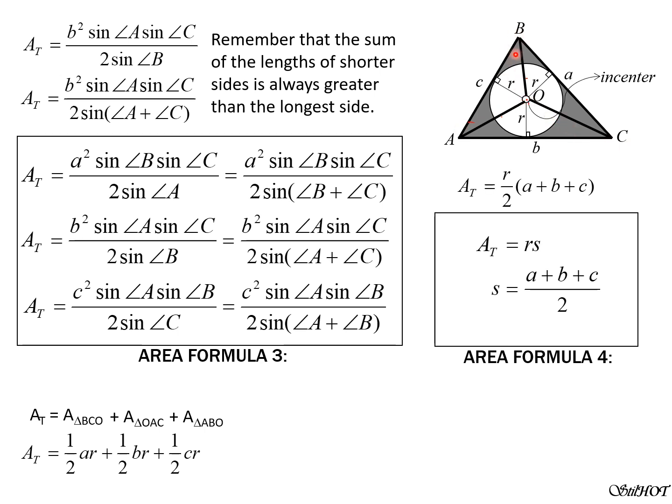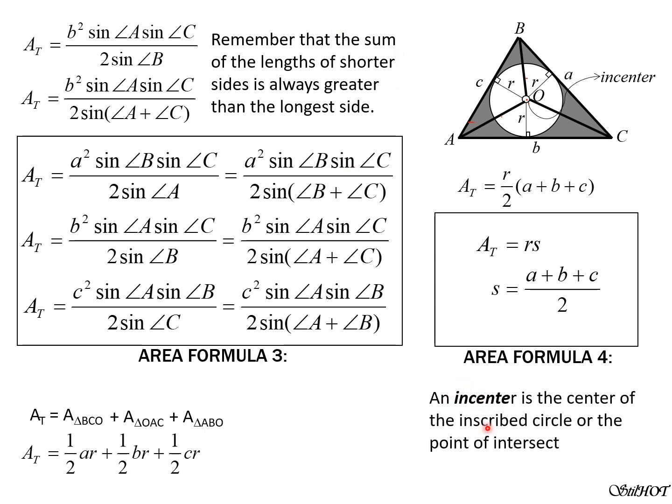You can easily see that this angle A is bisected by that line because we form 2 identical right triangles at B also and at C. So we call these lines to the incenter angle bisectors. So that's the definition: an incenter is the center of the inscribed circle or the point of intersection of the angle bisectors.